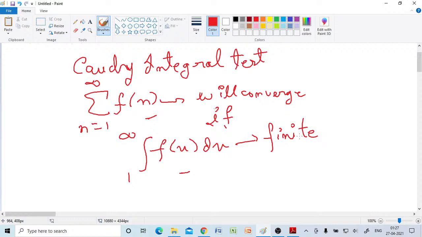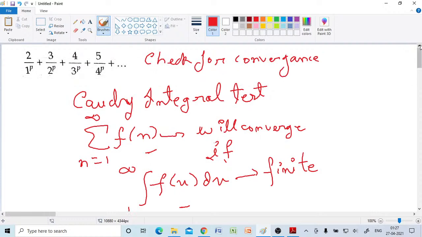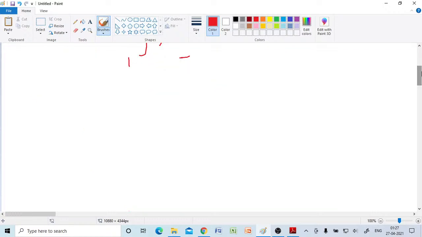Okay. So what is f of n here? Let's have a look at this. See that the first term is 2 over 1 to the power p. So you can clearly see that here f of n is n plus 1 over n to the power p.